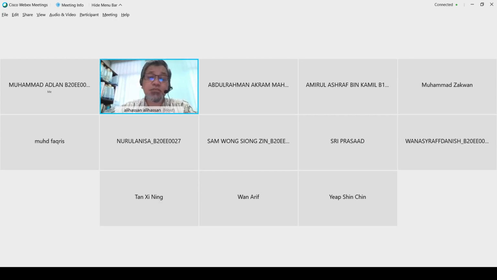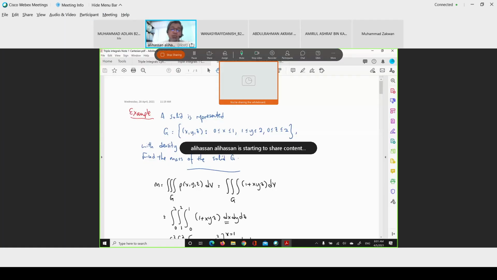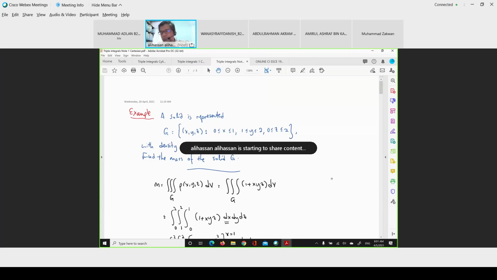For your information, I have printed your test one because I want to mark them on the hard copies rather than on the soft copies. It will be much easier for me to mark your test one on the hard copies.